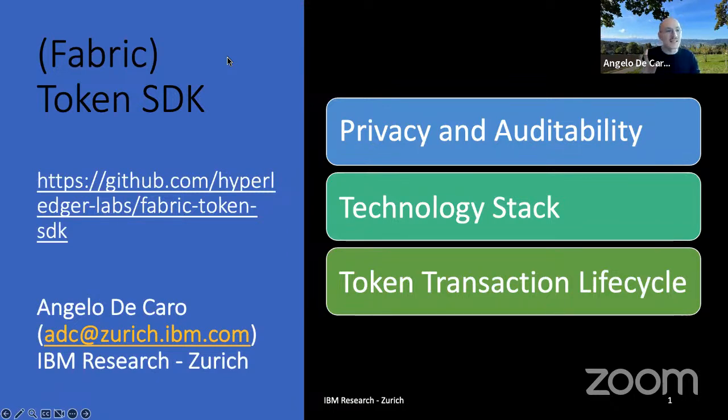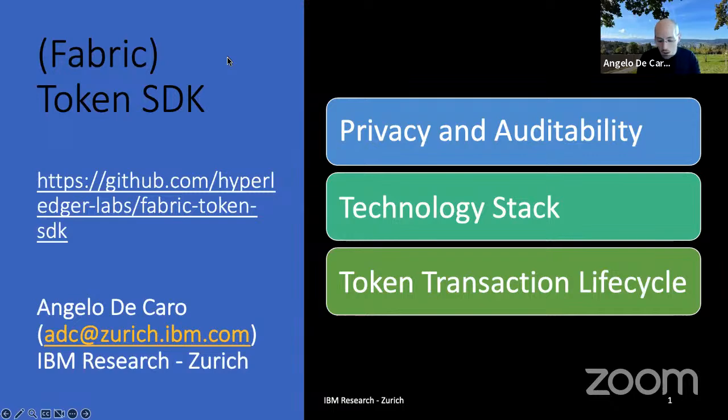I put Fabric in parentheses because it's true that it was born in the context of Fabric, but over time it evolved to become something that is agnostic to the backend, and I will show you why. So for this session, I want to talk about the privacy and the auditability part, the technology stack, and I also want to show you the transaction life cycle for the token SDK.